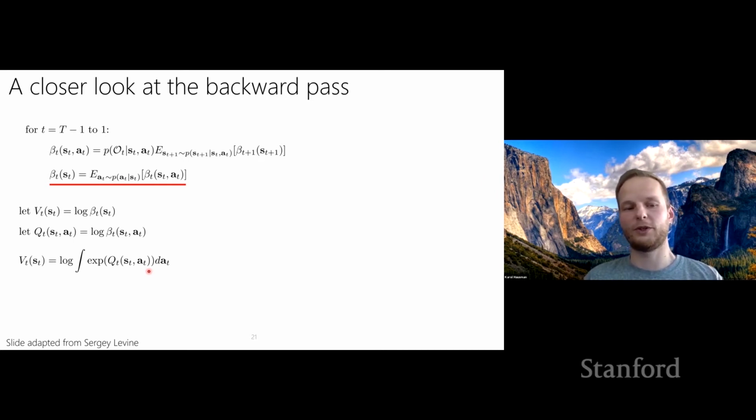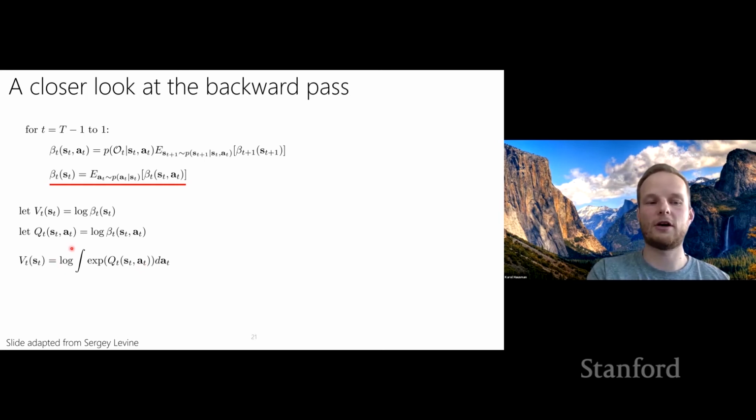Then our biggest action will be really, really big, even compared to the second biggest action. Then we'll take the integral across all of these actions, so we'll kind of sum over all the possible actions, and that sum will now be dominated by that top action, the action that had the biggest Q value.